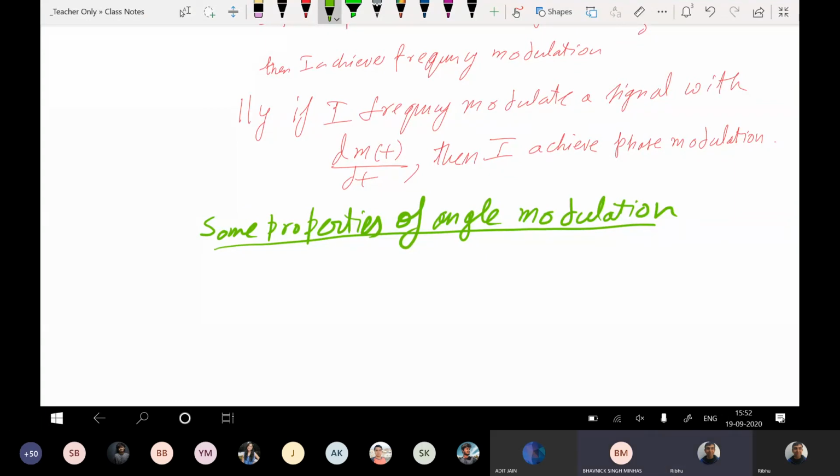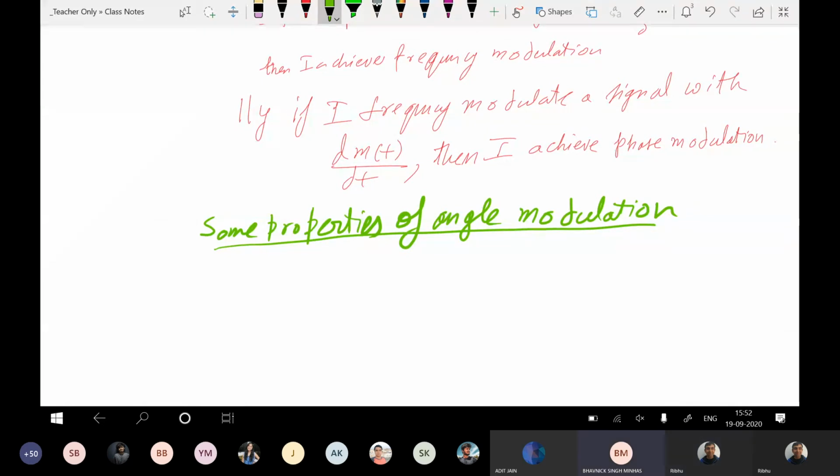Okay, sir. So we are generally discussing angle modulation, but there are actually infinite ways of generating an angle modulated signal, and we are just discussing two, which also reduce to the same thing. Oh, okay. And out of these, frequency modulation is more popular. Yes, sir.